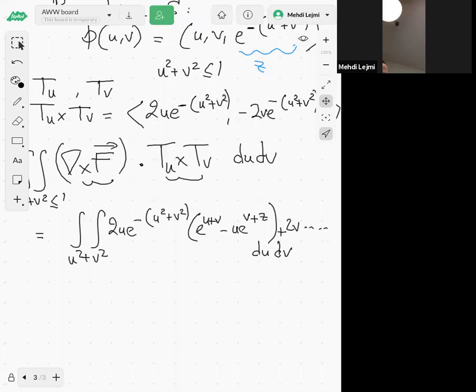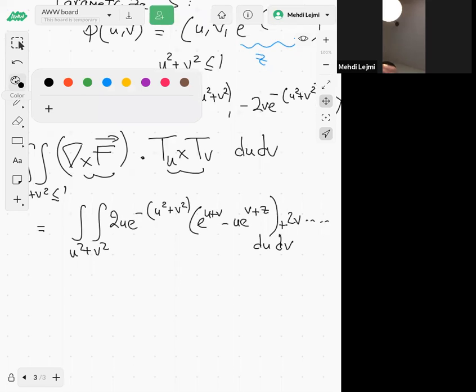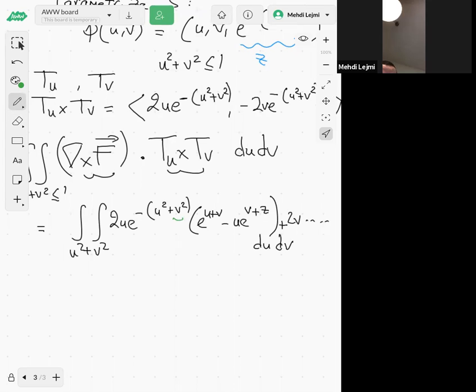This integral is going to be very hard, even if you use polar coordinates, because here it's good, you have u squared plus v squared, but at some places you're going to have u plus v, so even in polar coordinates you're going to have e to the r cosine plus r sine. This is really bad. So what I'm saying is that this integral is going to be very hard to compute.